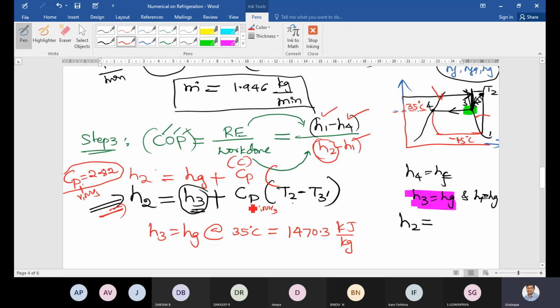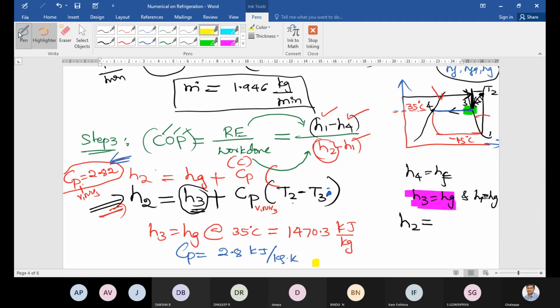Now Cp is 2.8, it is given. Assume it is also a standard value. Cp of vapor refrigerant is 2.8 kilojoule per kg Kelvin. Has he given T3 dash, my dear students? T3 dash means T3. It is not dash, T3 only. There is no dash. Has he given the T3 temperature? 35 degrees. Very good. T3 is 35.